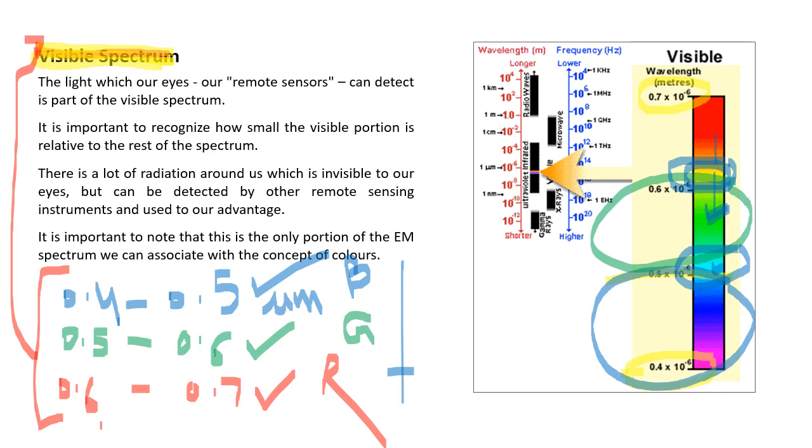The leaf is first green, then yellow, and if it is dead, it becomes reddish. So this is the visible spectrum, which is very important: blue, green, red. Remember these values.